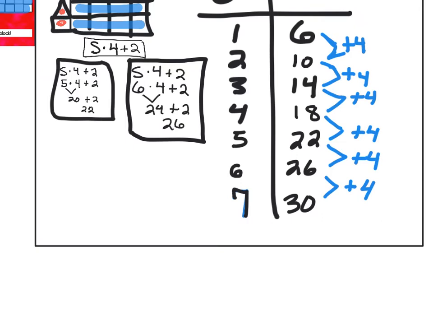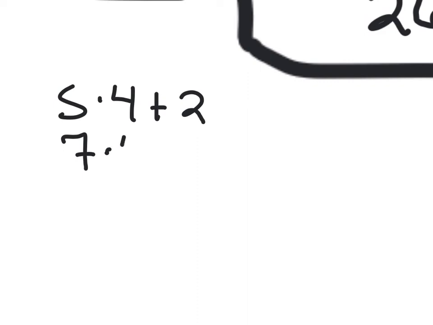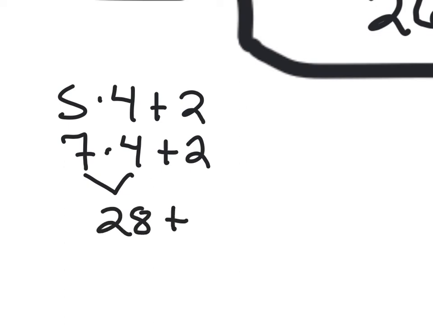All right, so now I just have to test it one more time with figure number 7. So I'm going to write the formula again, S times 4 plus 2, and then I'm going to plug in figure number 7, times 4 plus 2. And 7 times 4 is going to give me 28 plus 2.